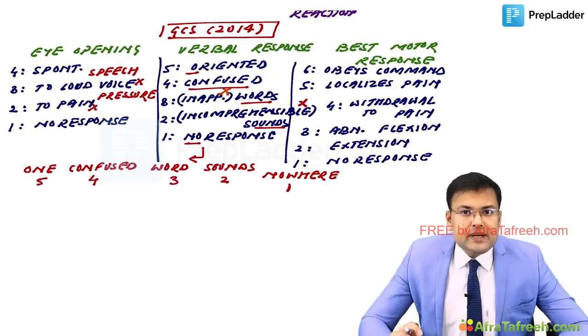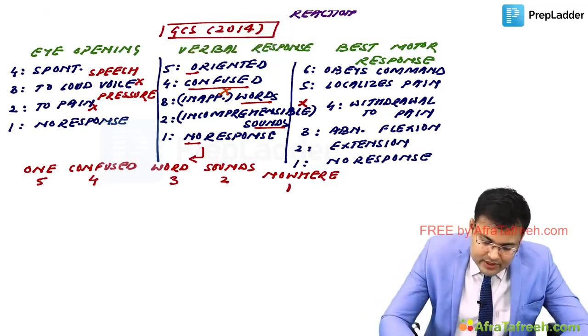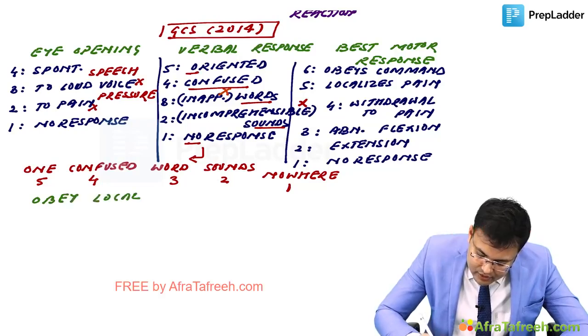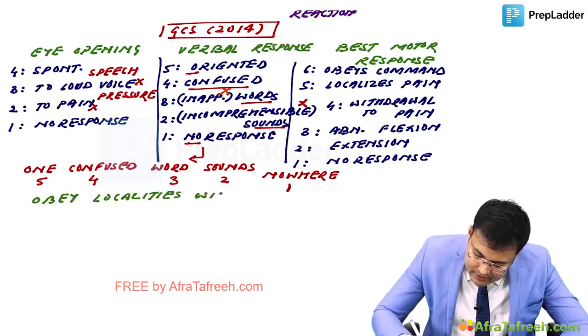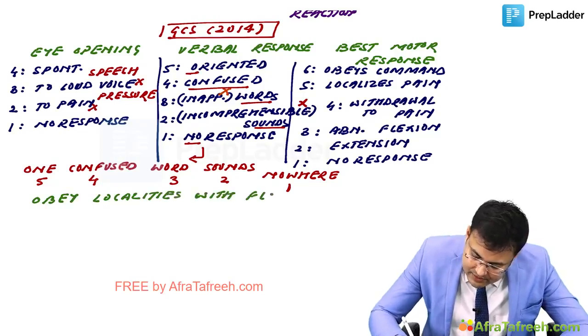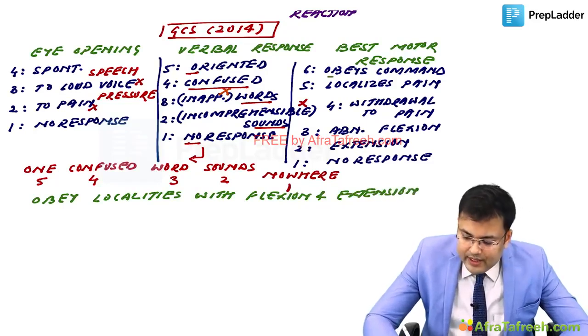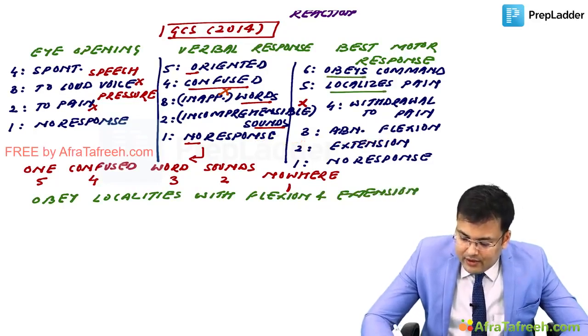And how to remember the best motor response? Here the mnemonic is: obey localities with flexion and extension.